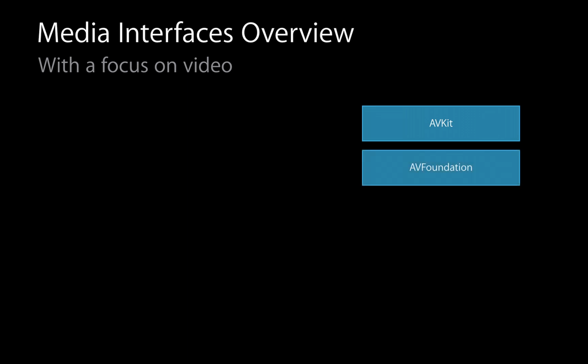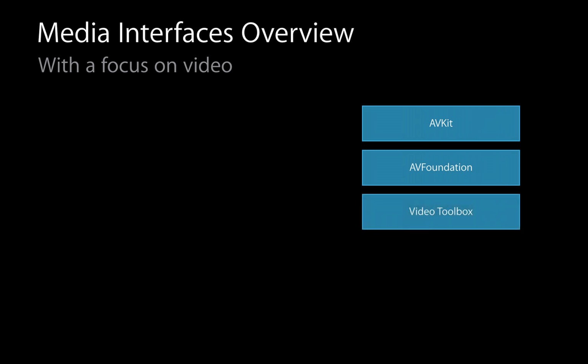Below that, we have AV Foundation. AV Foundation provides an easy-to-use Objective-C interface for a wide range of media tasks. And below that, we have Video Toolbox. Video Toolbox has been there on OS X for a while, but now it's finally populated with headers on iOS. This provides direct access to encoders and decoders.